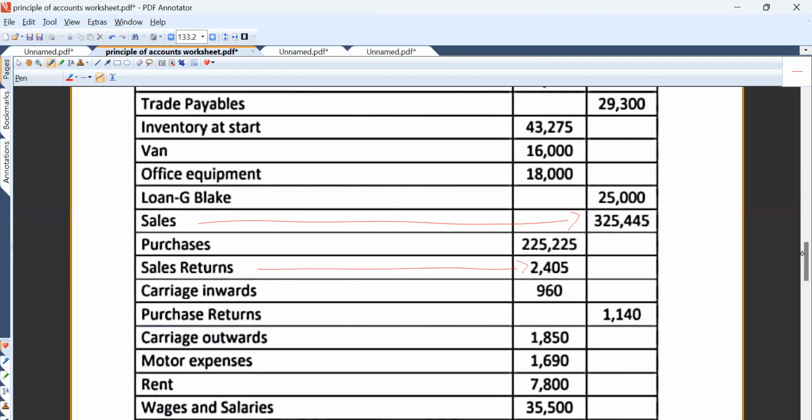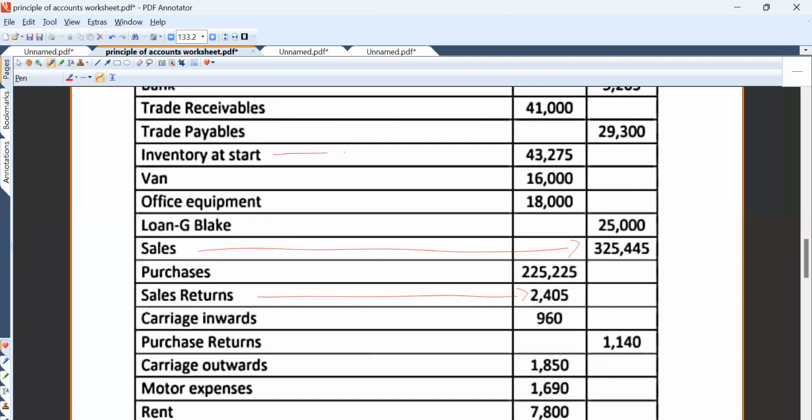Cost of goods sold starts with opening inventory. So we will see over here that if there is any opening inventory, inventory at start of the year is 43,275. Then we will see the value of purchases made during the year, which is 225,225.